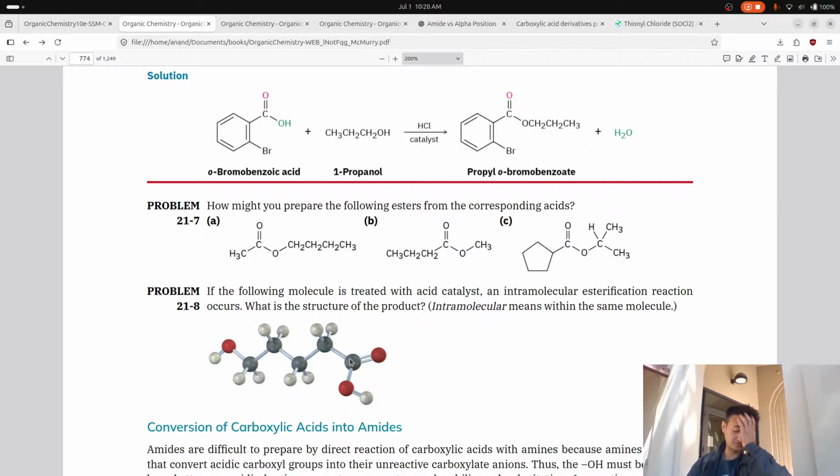So okay, let's recall what the mechanism is. The first step is that acid protonates the carbonyl. Then alcohol attacks.